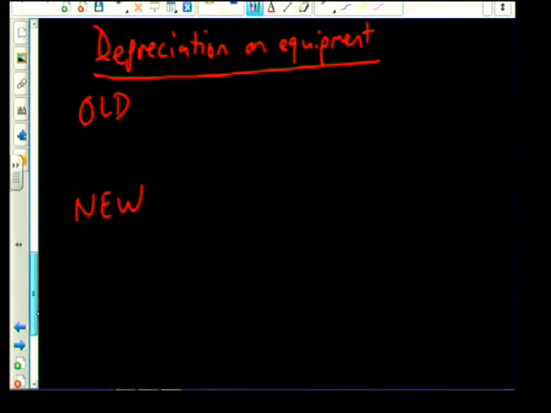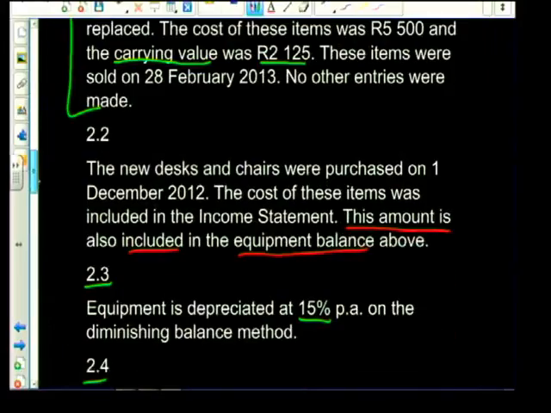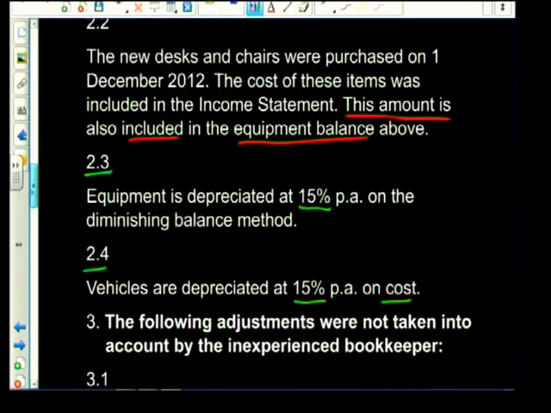So our new equipment was this 7,600, and it hasn't depreciated yet. So if we had to subtract any accumulated depreciation, we'd subtract nothing, because remember, the depreciation is calculated on the diminishing balance method for equipment.